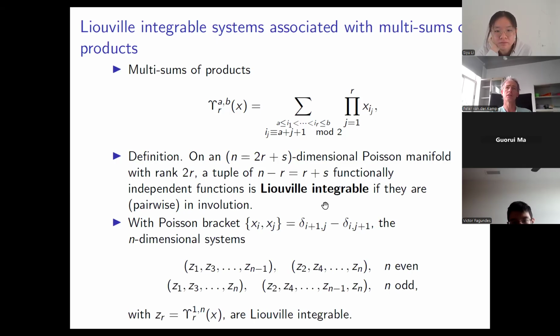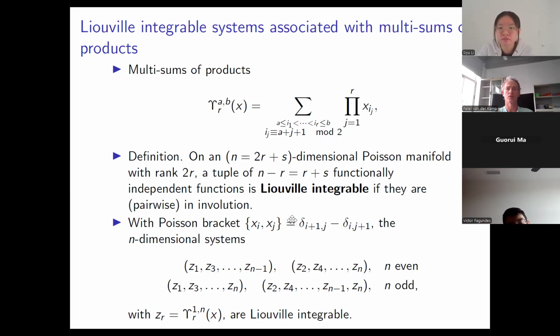So the Poisson bracket on this space of functions in the x variables is a very simple bracket. It's a constant bracket, and it's given here. And with respect to that bracket, if we just fix a to be 1 and b to be n, so we are on an n-dimensional space, then we just denote these functions by the subindex.